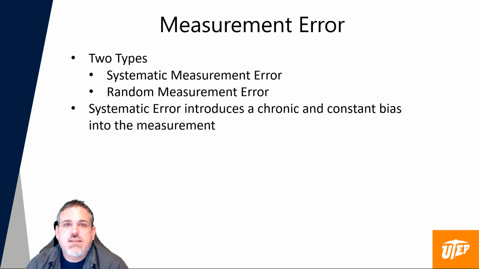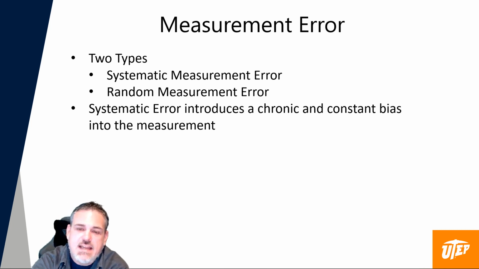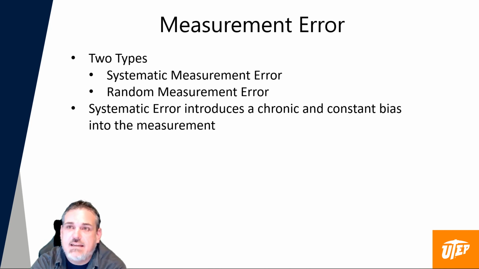So systematic error introduces a chronic and constant bias into measurement. So this is something that is systematic within the entire data set and is equally and evenly and consistently applied to every time you take a measure. So what would an example of this look like?